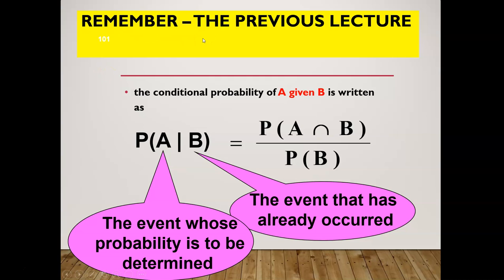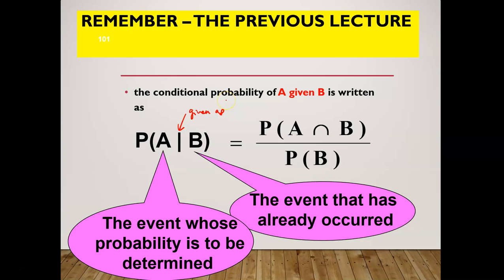Remember the previous lecture, the conditional probability of A given B is written as P(A given B).